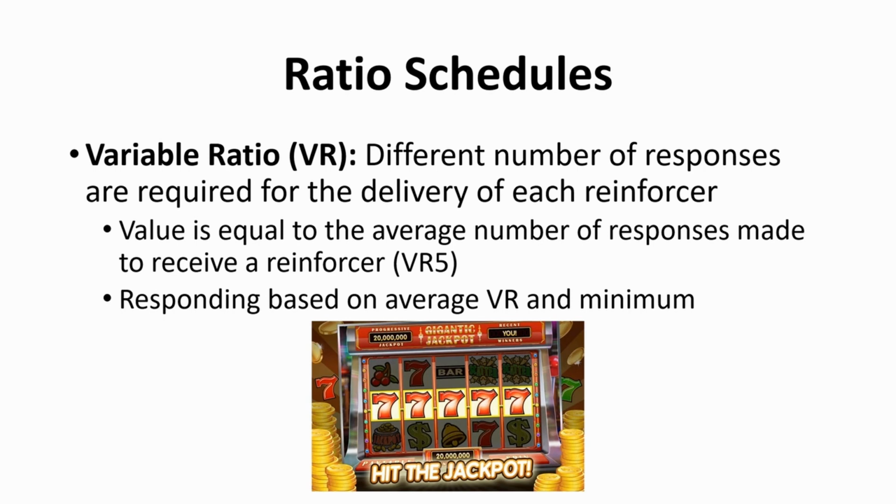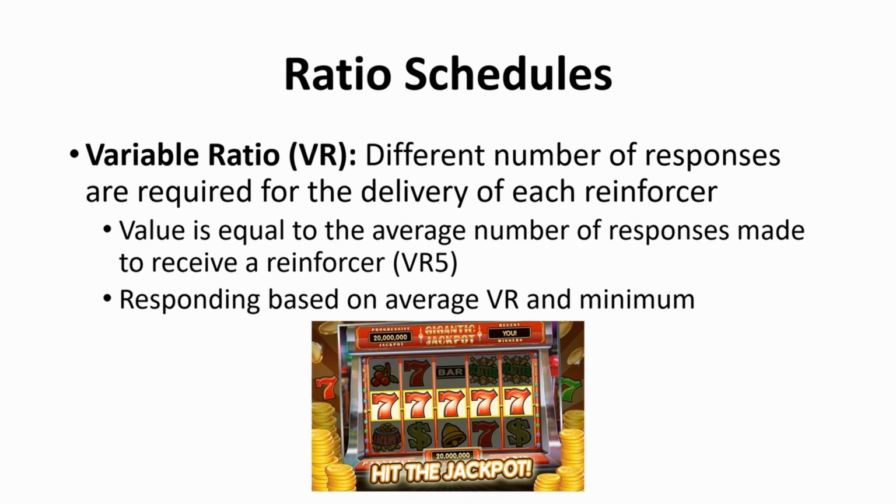So what we tend to report is a VR of the average number of responses that's needed to receive reinforcement. So a VR of 5 says that every 5 or so responses you will receive reinforcement. And that little bit of variability in there, that "or so," or 5 on average, tells us that it's a variable ratio.